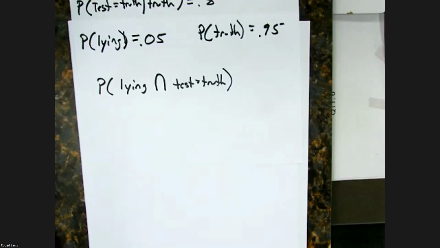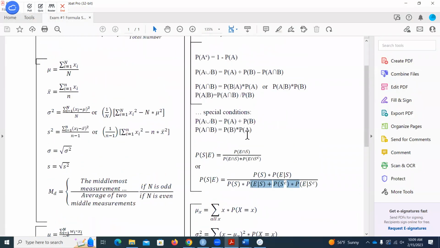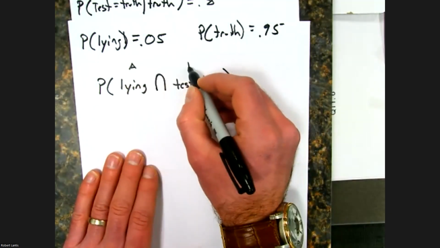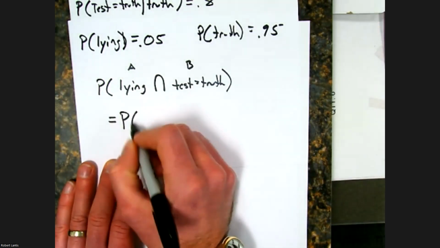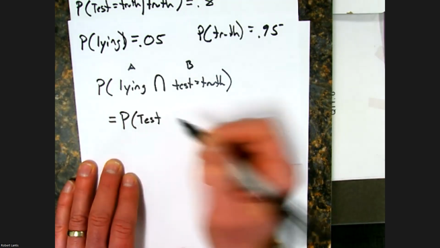So if we go to our formula sheet and look up here, we're reminded that I can find the intersection of two events as the conditional probability times whatever I'm conditioning on. So I'm going to try to write this out in the context of my example. Here's my A, here's my event B. So we'll take the conditional probability of these two.